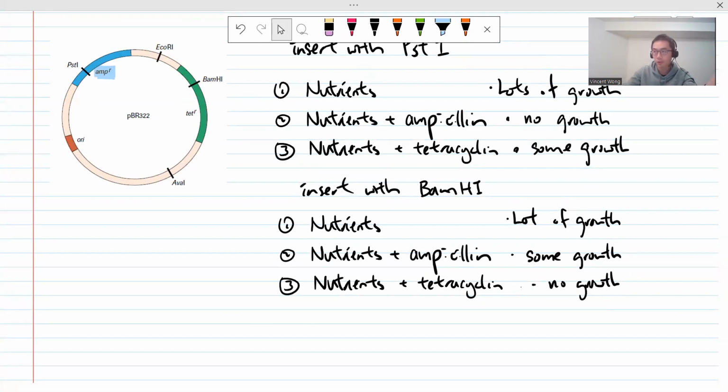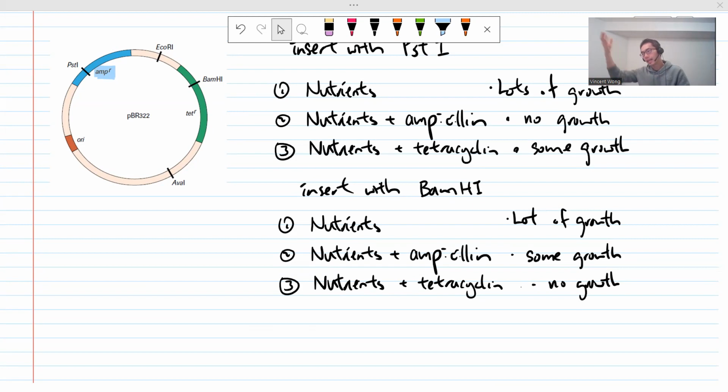Any questions before we move on to the next big concept, which is DNA fingerprinting? So what's the name of this concept again? Recombinant DNA. So this is an example of recombinant DNA helping to produce insulin, for example.